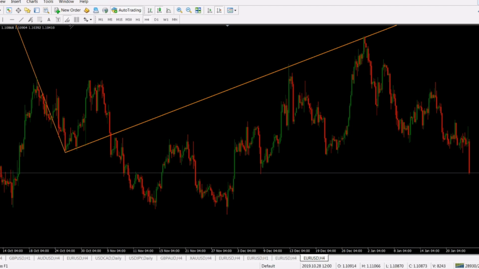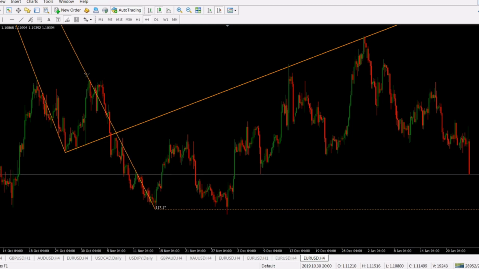Let's draw another line. Look, from this very bottom to this very top, when the market closed over here. That was the highest closure of the market. Let's draw a line here. Here we go. So we got 117.1. So another line 90 degrees smaller should be 27.1 degrees, wouldn't it?